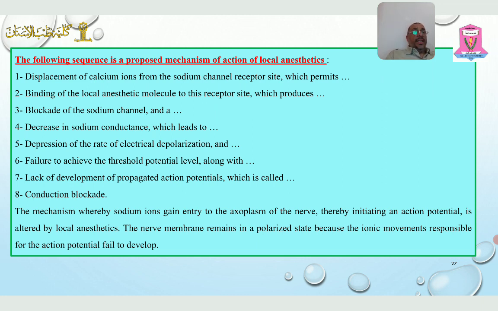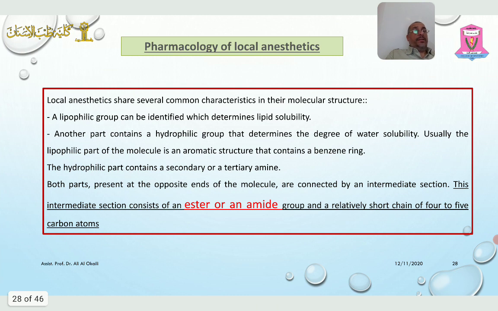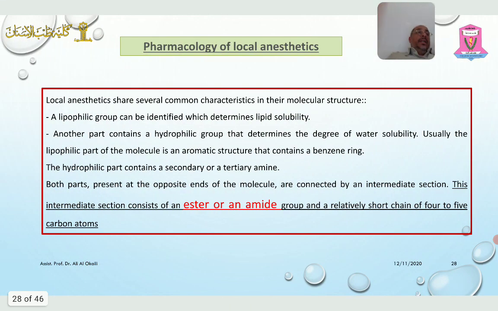And the nerve membrane remains in a polarized state because of ionic movement responsible for its action potential is failed to develop. إذا تعرفنا الآن على ما يحدث أثناء الانتقال الإعازي العصبي من تغير كيميائي along the nerve membrane of the axon والنيورون، طبعا of course الدندرايتس أيضا. وتعرفنا على النظريات الأربعة اللي تتحدث عن كيفية عمل اللوكال أنستيزيا. الآن حندخل إلى موضوع آخر هو الفارماكولوجي of local anesthetics.